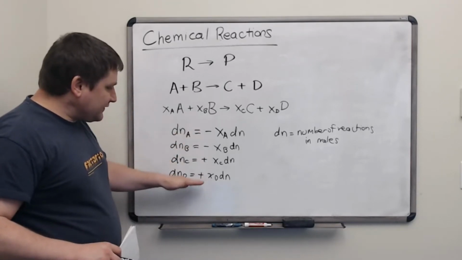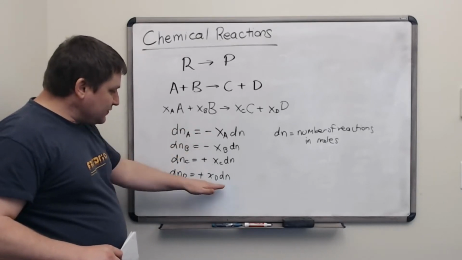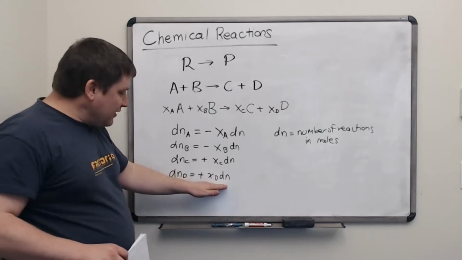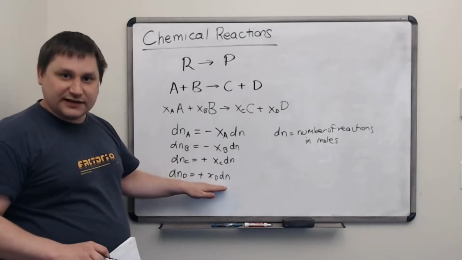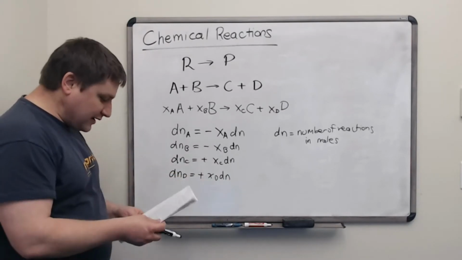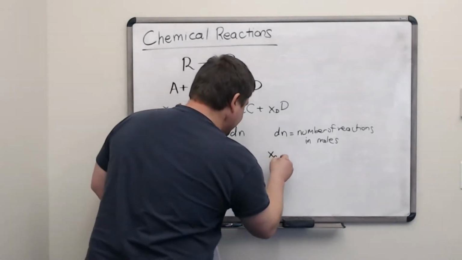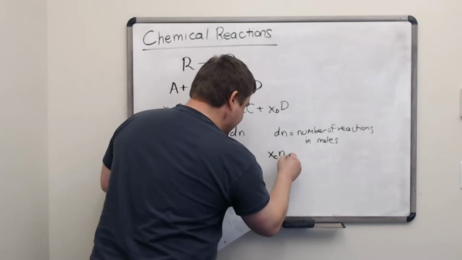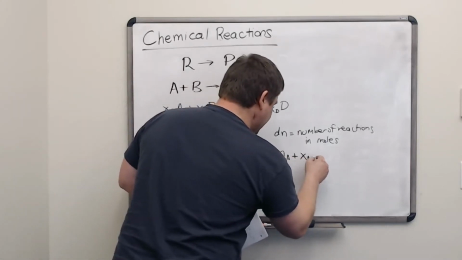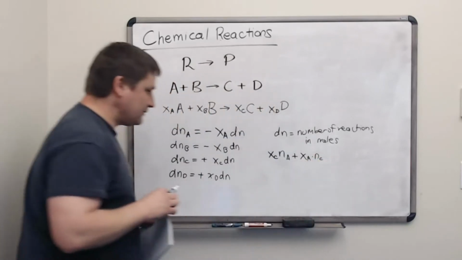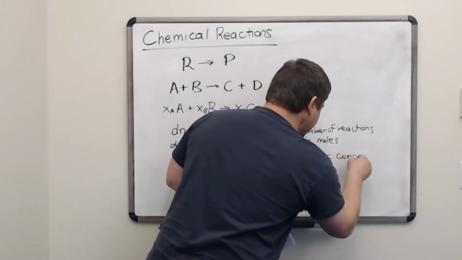Now, these formulas here relate the change in each type of molecule to the number of reactions that occur. So there's a large number of, say, conserved quantities in a chemical reaction. For example, if we formed the quantity x_C times N_A plus x_A times N_C, this quantity would remain constant.